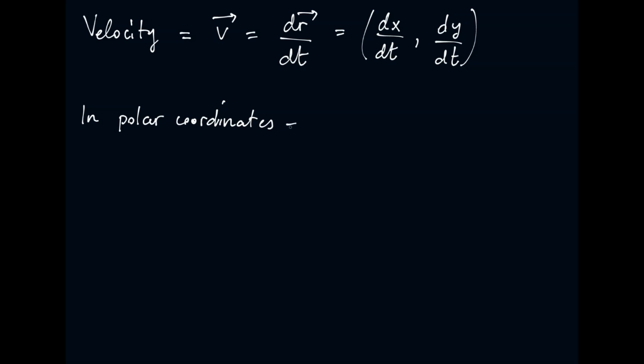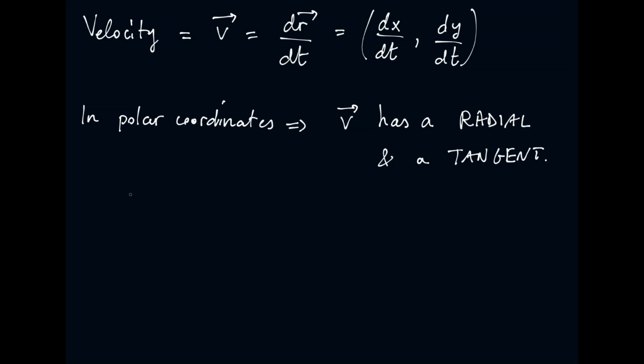In polar coordinates, v has a radial component and a tangential component.